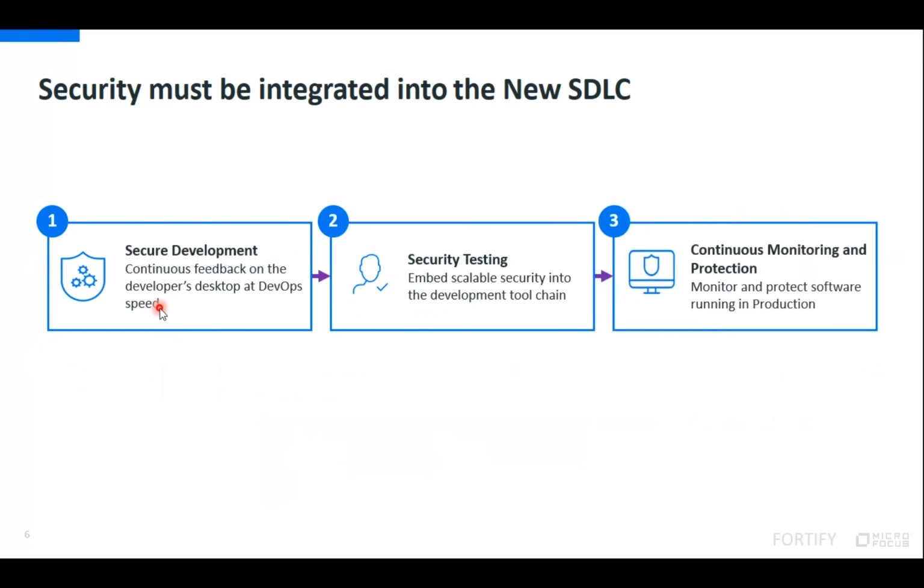We, as the security team, allow the application team to deploy the application into production, which is go-live. Once the application is go-live, the third phase comes into the picture, which is protecting the application continuously and monitoring it.